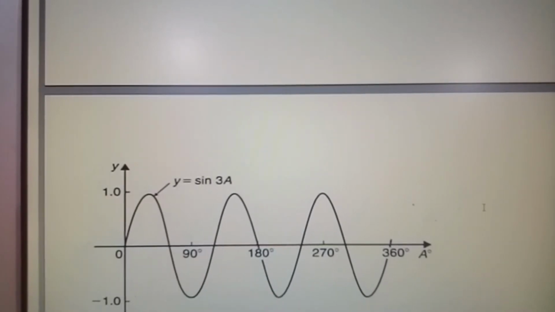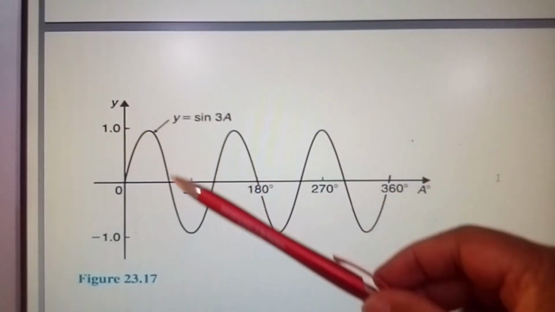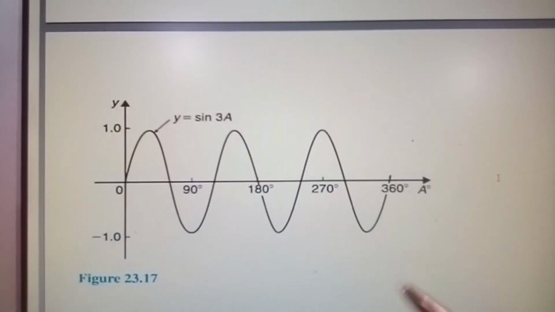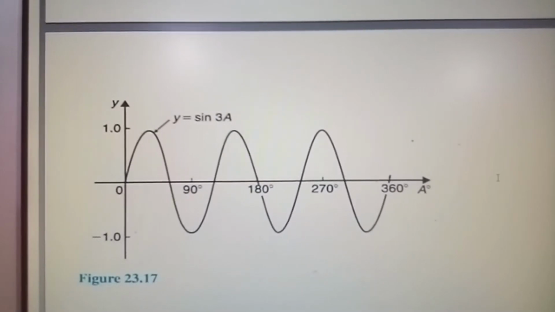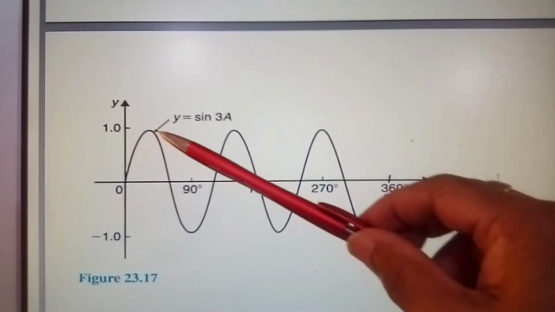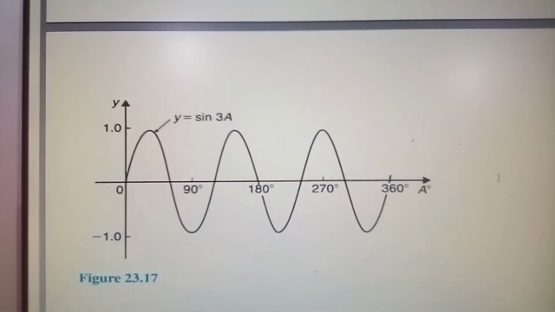And you can see here that we have here y equals sine 3a, and that's our graph. Now remember, you would plot this graph based upon the information you have been given in regards to the y equals sine 3a, okay? And you'll need to write out a table giving the relevant values for y at a given value, basically, okay? So starting from 0, you can see here we are going through our waveform, okay, basically.